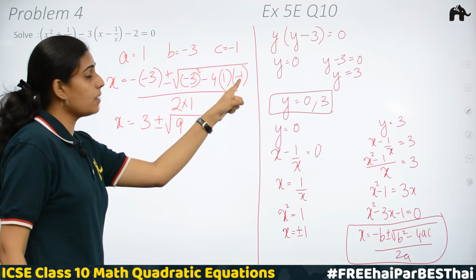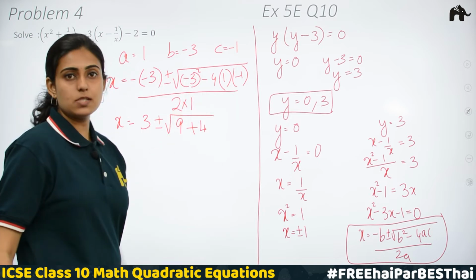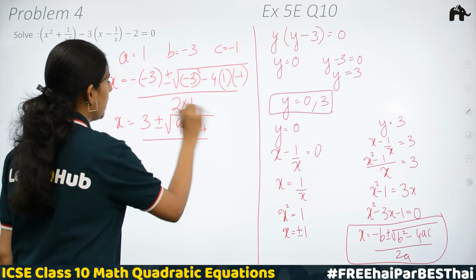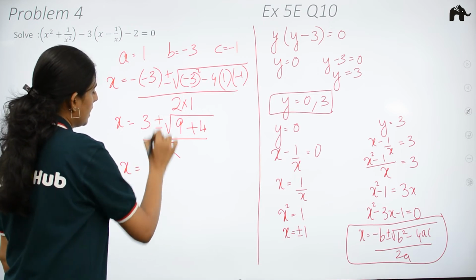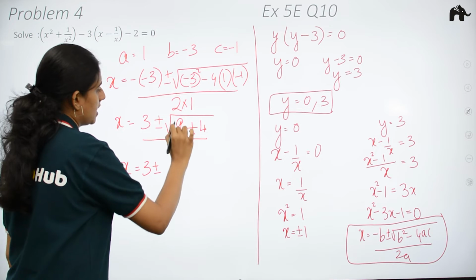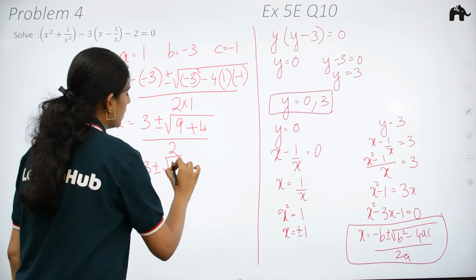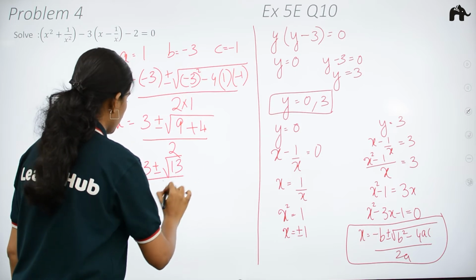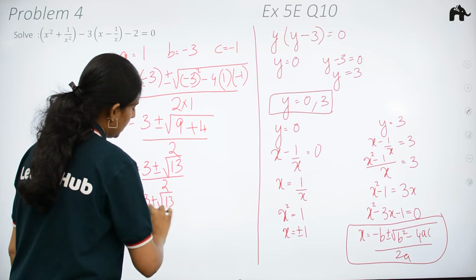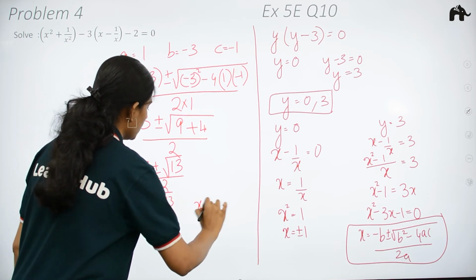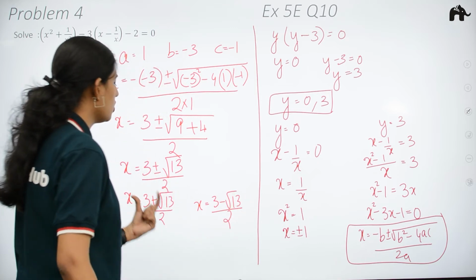Minus 4 into minus 1 is plus 4. Negative into negative is positive. Plus 4 divided by 2 into 1, 2. x is equal to 3 plus or minus root of 9 plus 4, which is 13. 13 is not a perfect square. That is root 13 divided by 2. x is equal to 3 plus root 13 divided by 2, or x is equal to 3 minus root 13 divided by 2. Here we got two values.